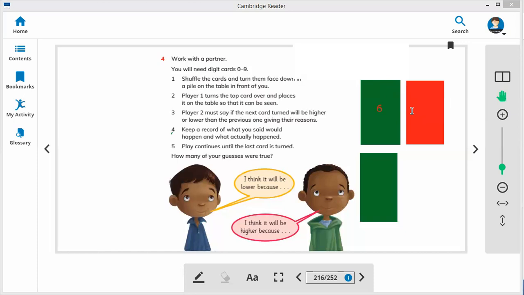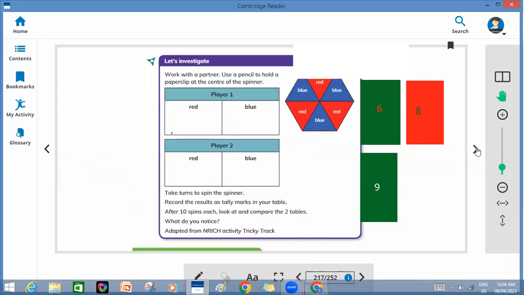You will put it on the table randomly, and the other partner is going to ask whether after 6 a higher number like 8 will come, or a lower number, or any other number that can come. So this is also a type of game that you can play with your partner.